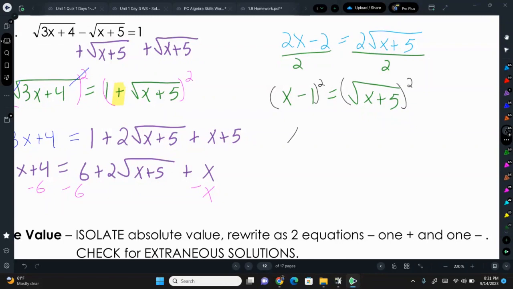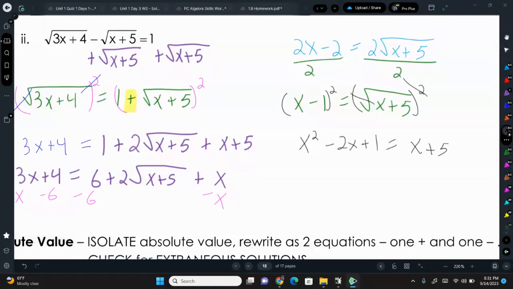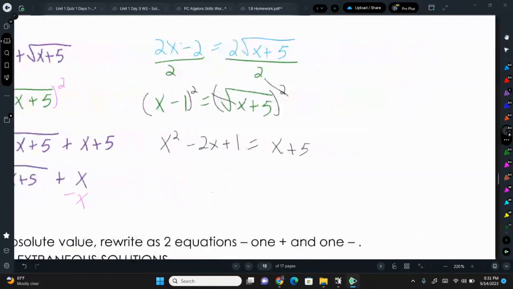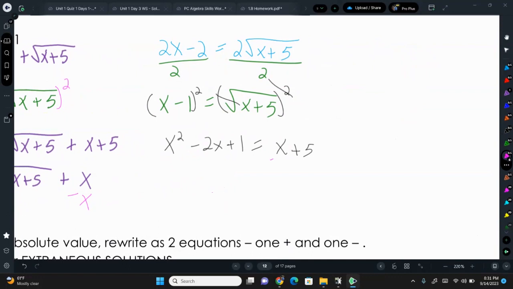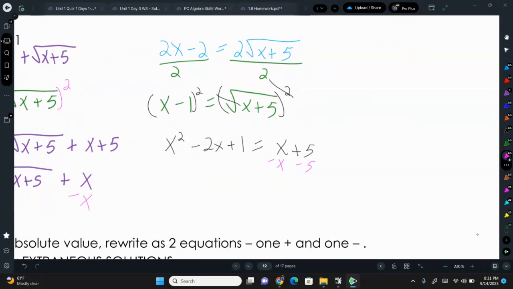The left is going to be x squared minus 2x plus 1, using the shortcut, equals x plus 5 because the square root and the second power cancel. Okay, so get everything on one side, minus x and minus 5 from both sides. So we get x squared minus 3x minus 4 equals 0.